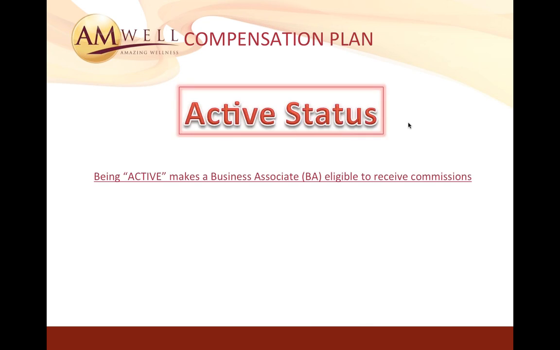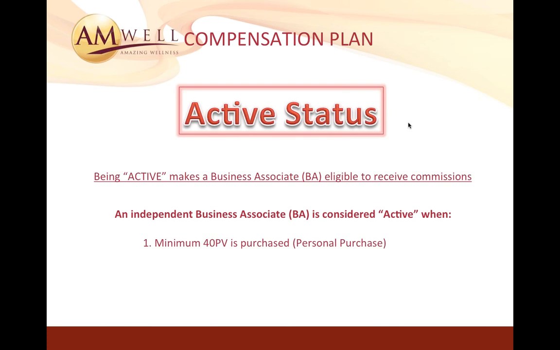So active status is defined as what makes a business associate eligible to receive commissions. Now, you have to be active in order to receive commissions. It's a compliance thing that we have to do, but you don't have to buy any product in order to be active. You're considered active when there's a minimum of 40 personal volume, which is a personal purchase.